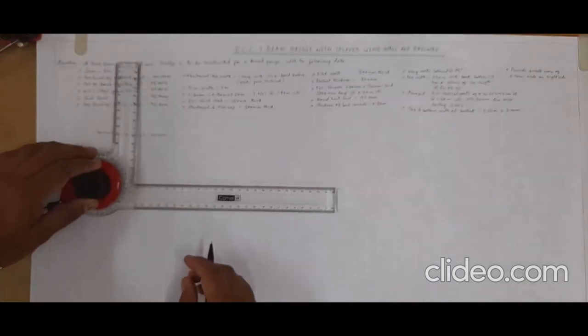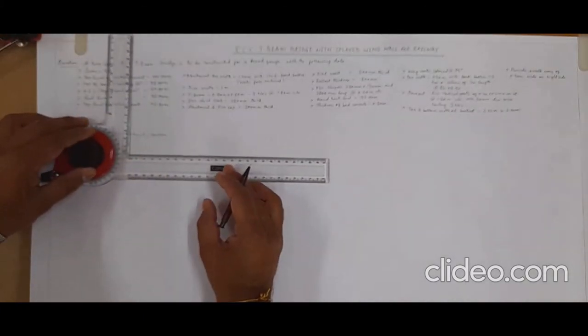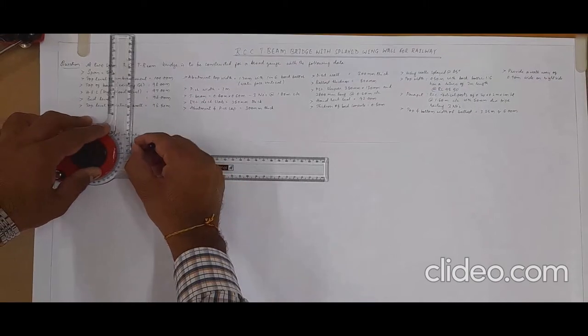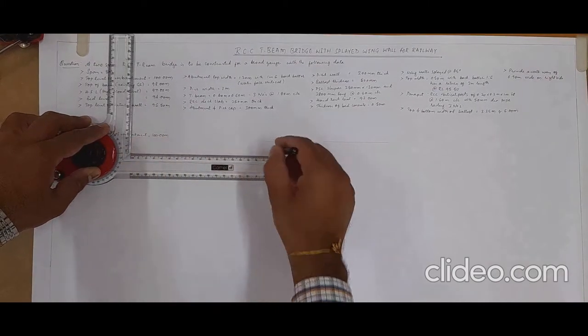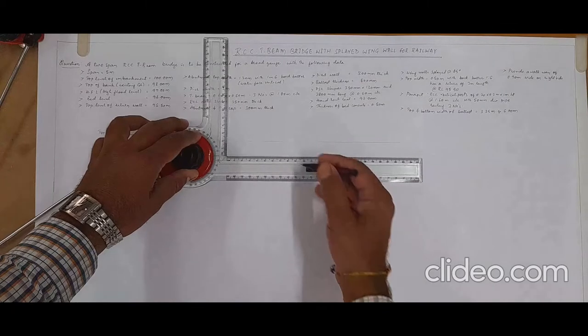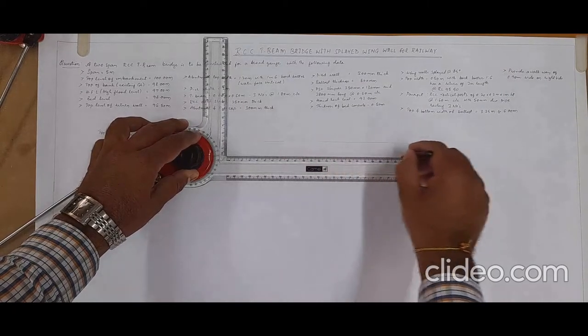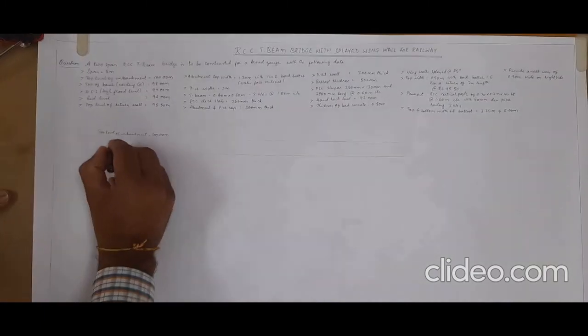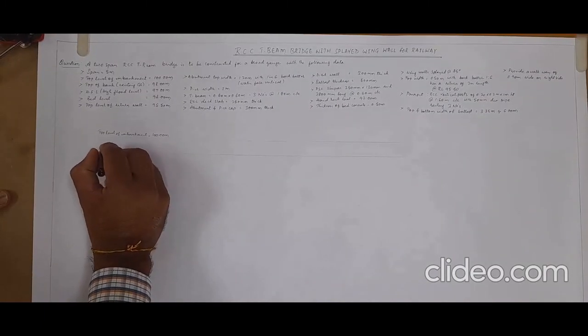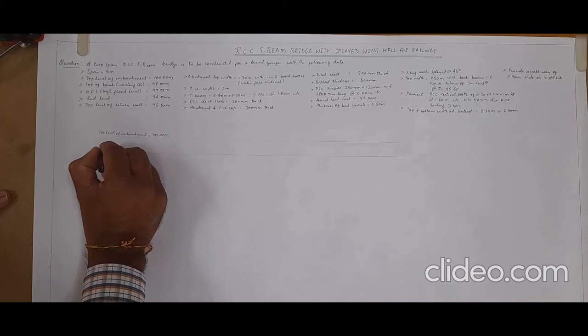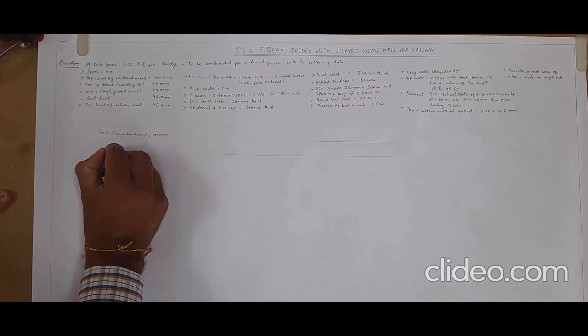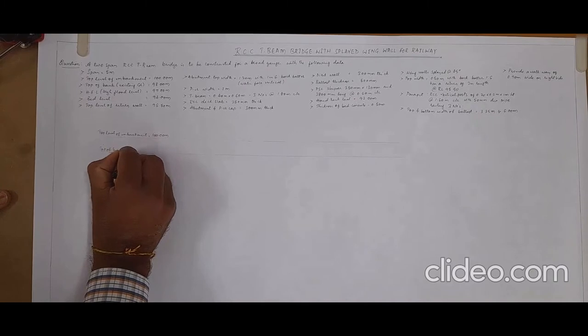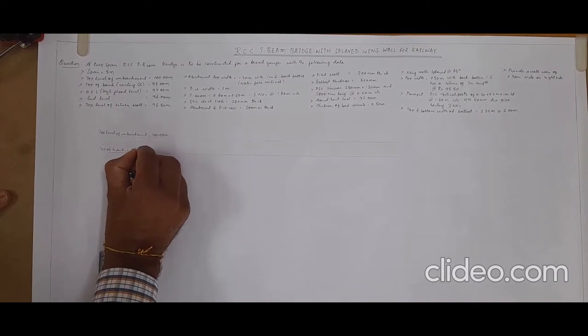Next level is 98. Since we are drawing this particular drawing with a scale of 1:100, all the given dimensions in meter will be represented by the same centimeter. So this is top of bank and the level is 98 meters.